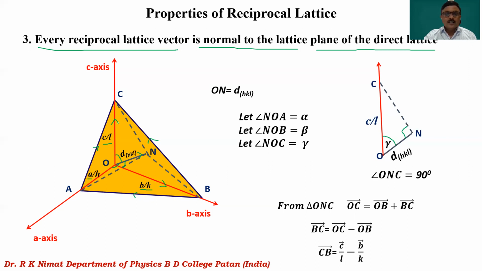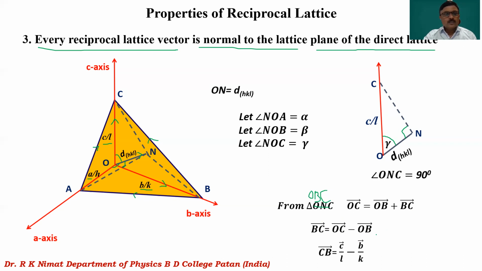So we'll consider this triangle OBC, not this triangle, and from this triangle we can write that vector OC is equal to vector OB plus vector BC, or we can write vector BC is equal to vector OC minus vector OB.